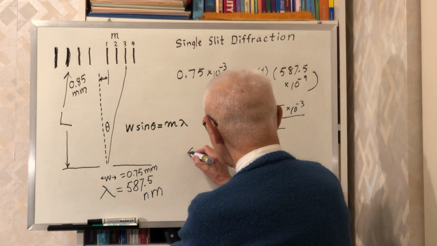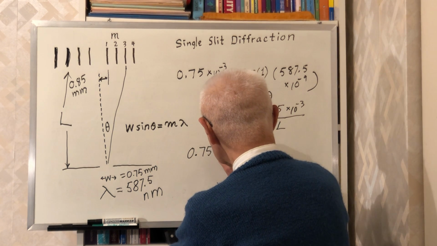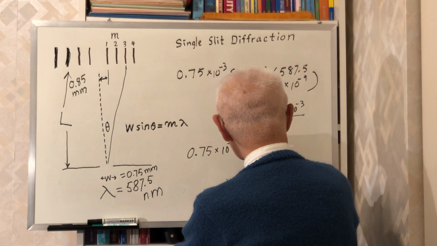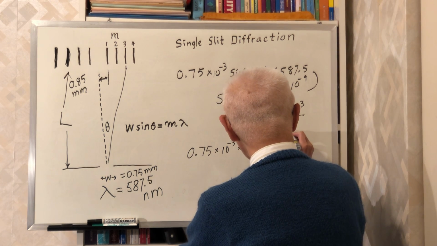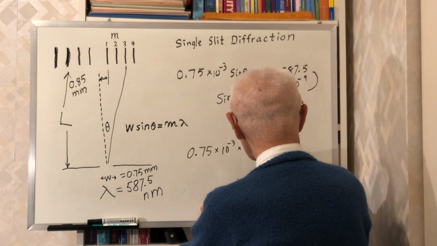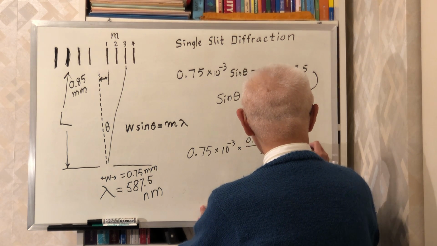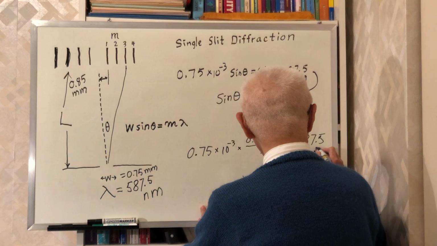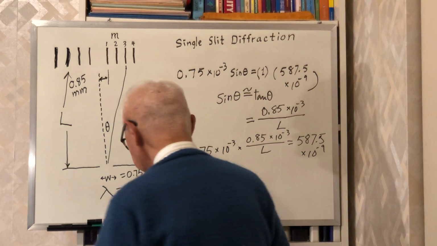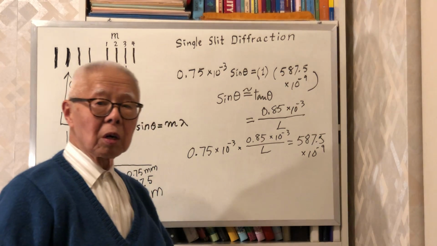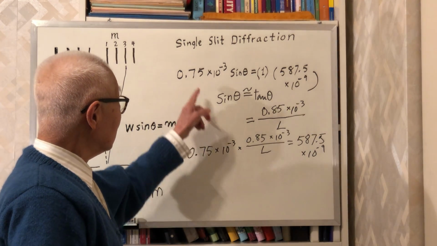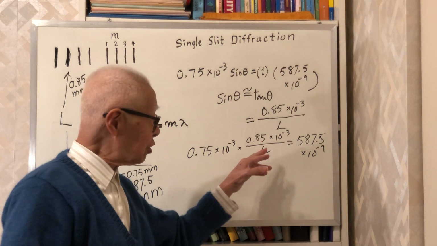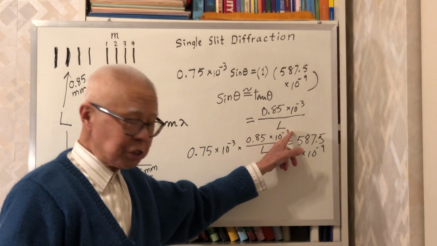So we put the given numbers into this equation, and we know sine theta is roughly tangent theta, which is opposite over adjacent.